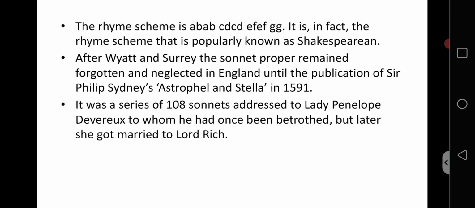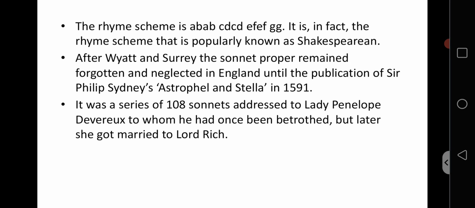Later on, it was completely forgotten and neglected by English writers until the publication of Astrophel and Stella in 1591. It is Sir Philip Sidney who wrote a sequence of sonnets and published them in Astrophel and Stella in 1591. Again, we see the revival of the sonnet in English literature.